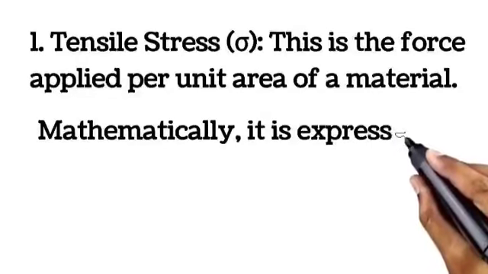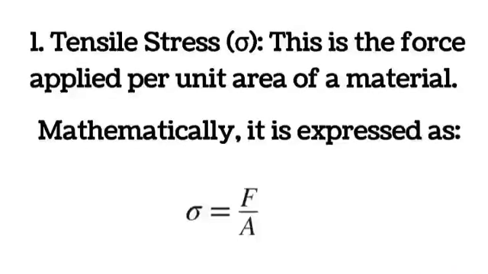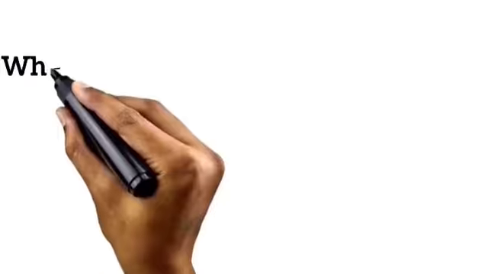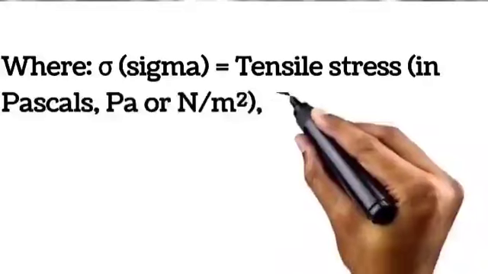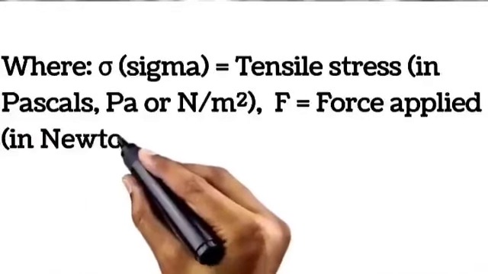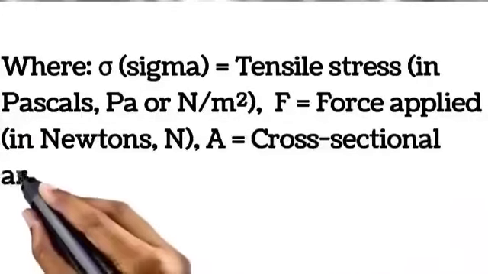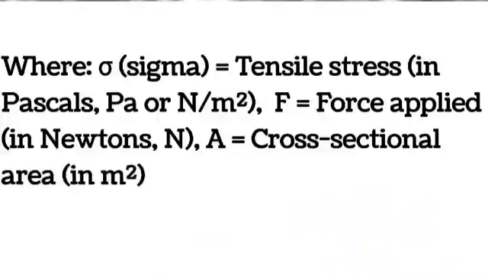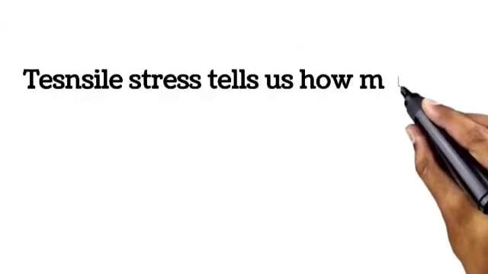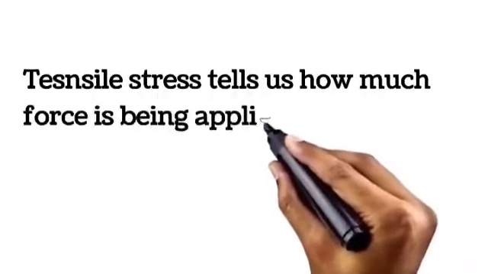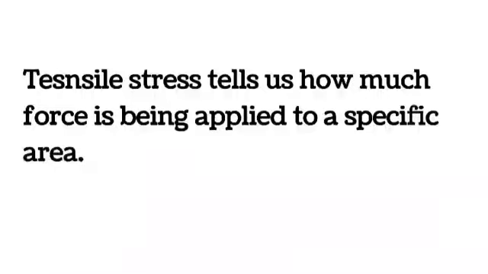Mathematically, it is expressed as sigma equals F over A, where sigma is the tensile stress in pascals or newtons per meter squared, F is the force applied in newtons, and A is the cross-sectional area in meters squared. Tensile stress tells us how much force is being applied to a specific area.